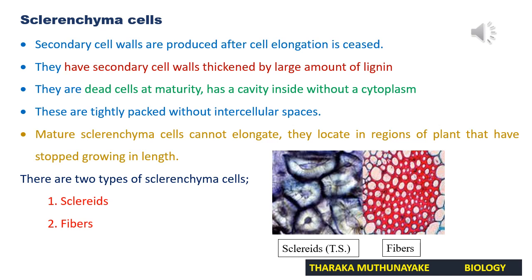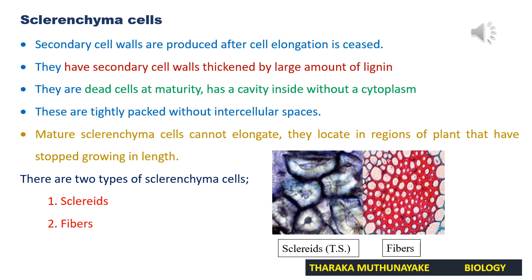During this differentiation process, secondary cell walls are deposited in sclerenchyma cells. Later, during this differentiation, the secondary cell walls are lignified. That means lignin is gradually deposited in the secondary cell wall. Here, the second statement: they have secondary cell walls thickened by a large amount of lignin. That means they have a lignified thick secondary cell wall.